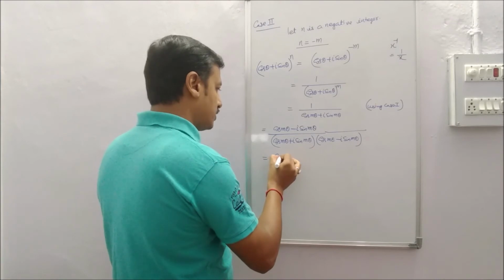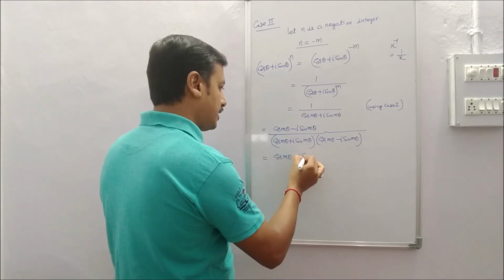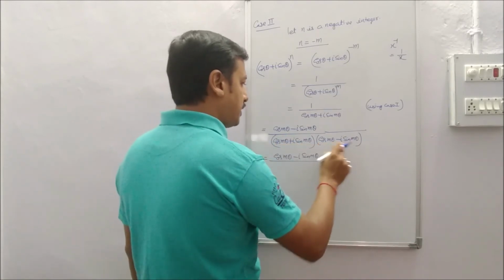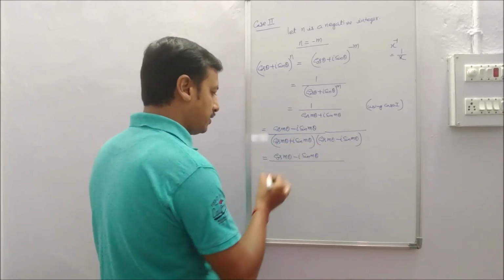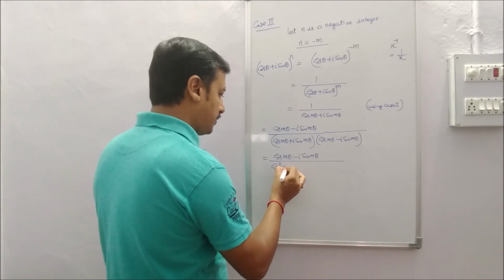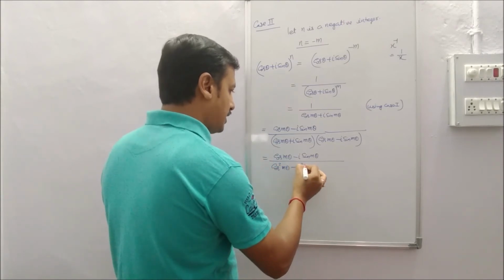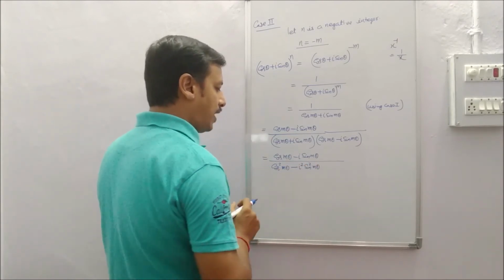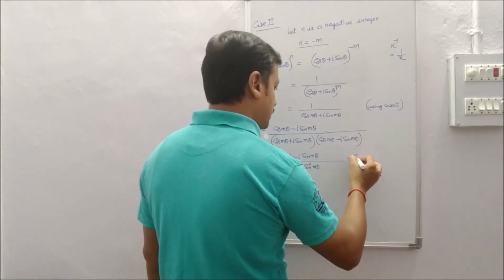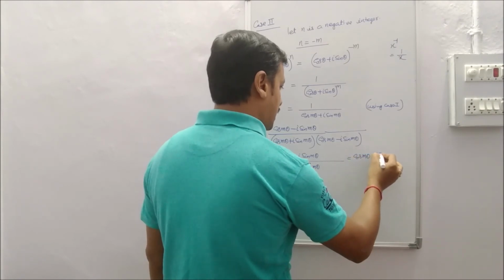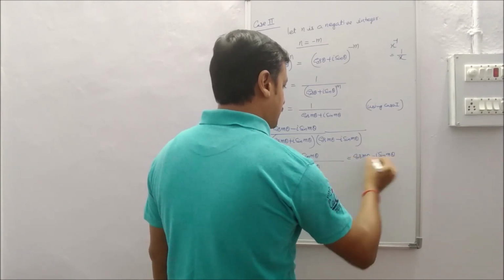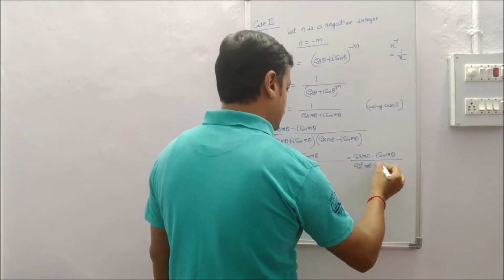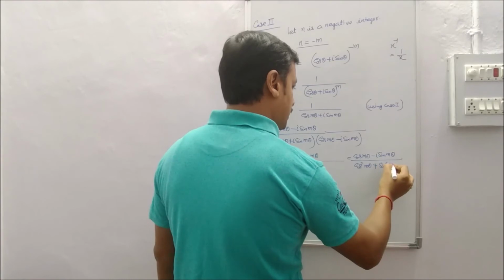So it is (cos m theta minus i sin m theta) divided by (a plus b)(a minus b), that is a square minus b square. So cos square m theta minus i square sin square m theta. The value of i square is minus 1, so it is (cos m theta minus i sin m theta) divided by cos square m theta plus sin square m theta.